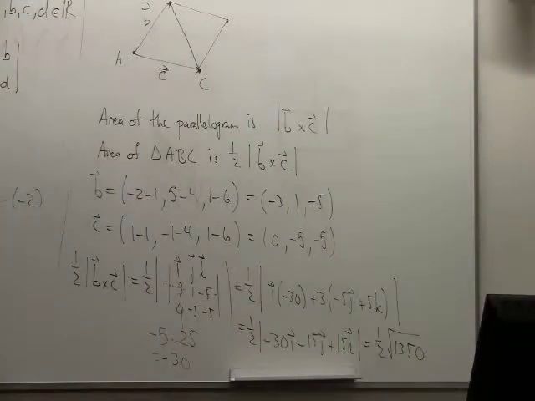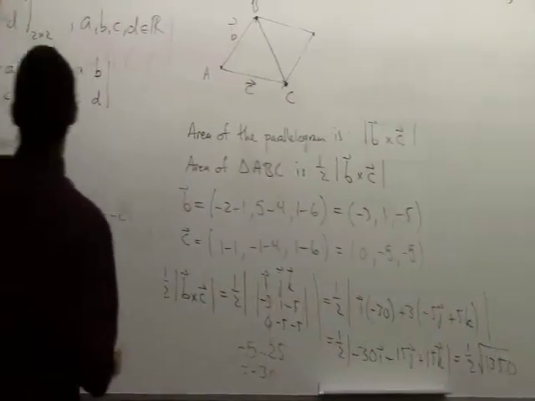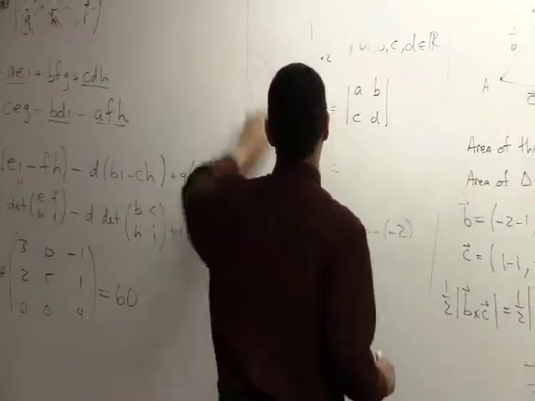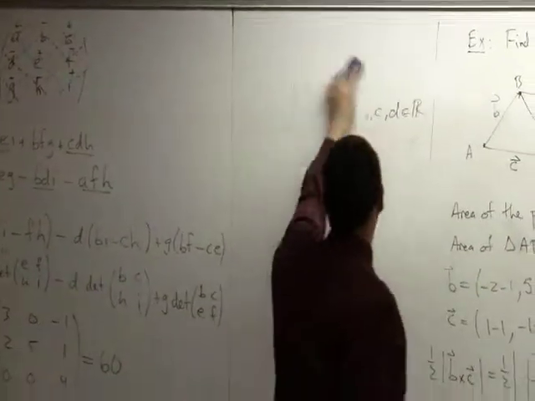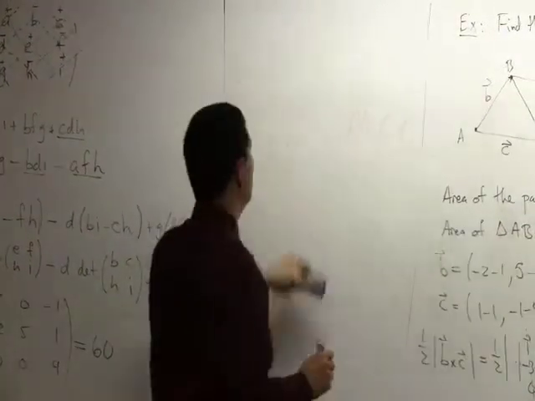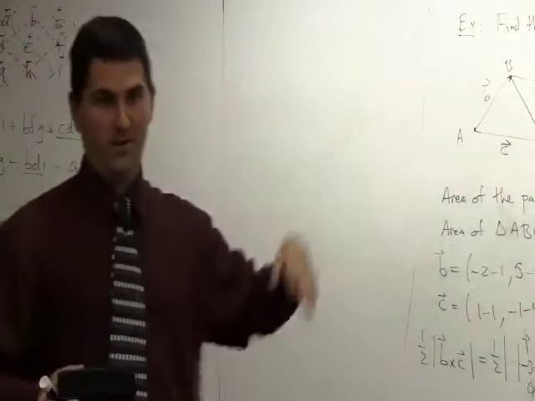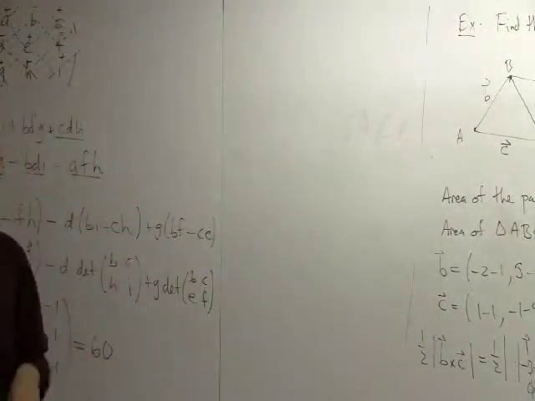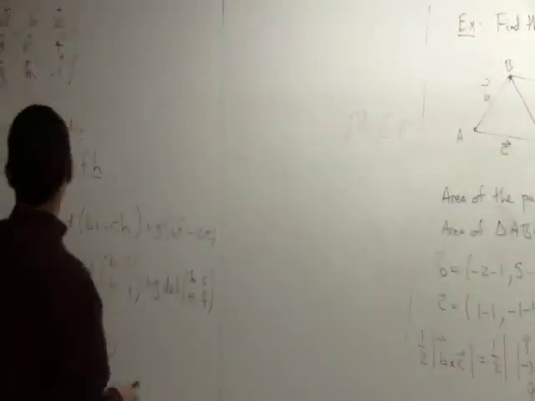All right, so I haven't really told you why it is that we wanted to talk about these cross products. I mean, it is kind of nice that you can use them to find areas of parallelograms and triangles and parallelepipeds and so forth.